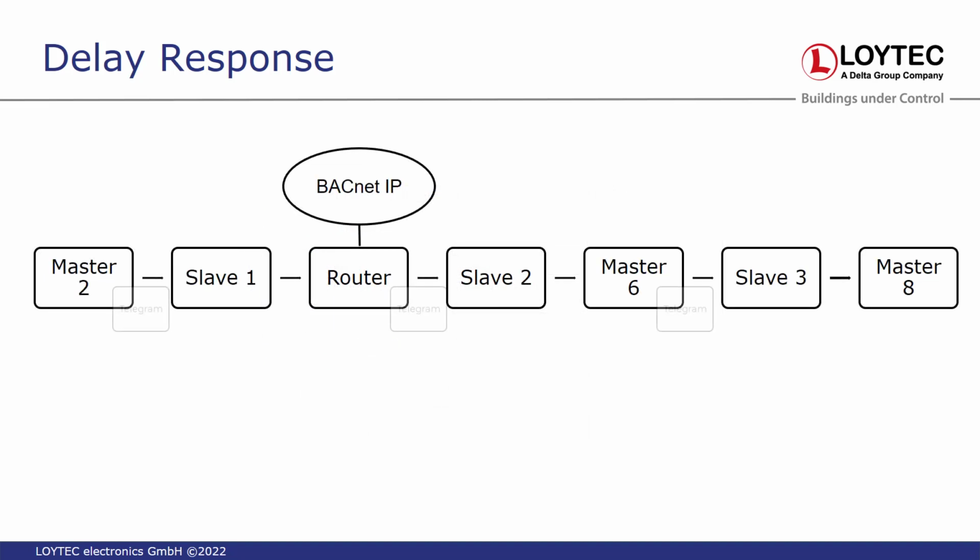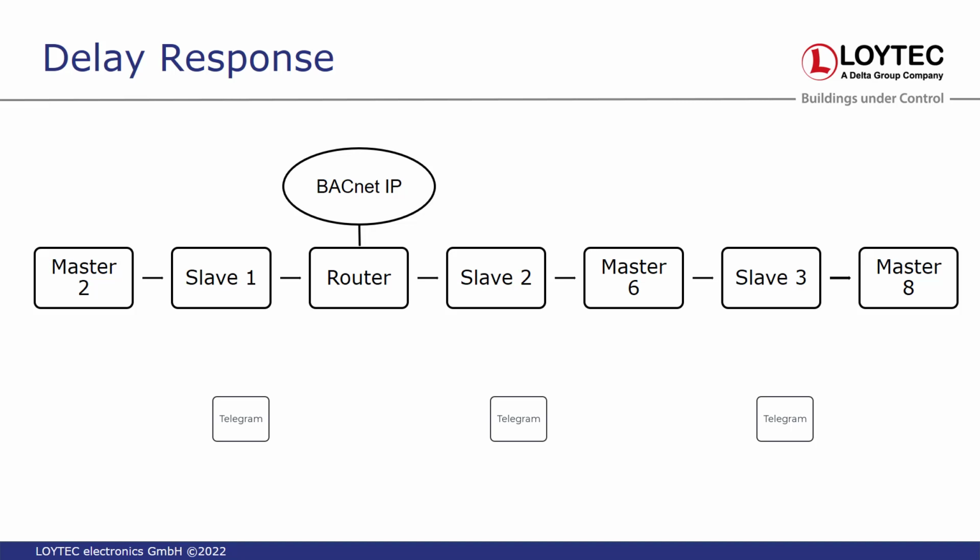What I could also imagine here is that it could be an issue when you leave the max info frames for the links controller at 1. Then you might have a problem, because when you have 40 devices, they're all passing one token to the next, to the next. The links controller needs to wait until it gets the token, and then it's only allowed to send out one request and get one response, and then it needs to get the token again from going through the whole line of 40 devices until it's allowed to send out the next packet.